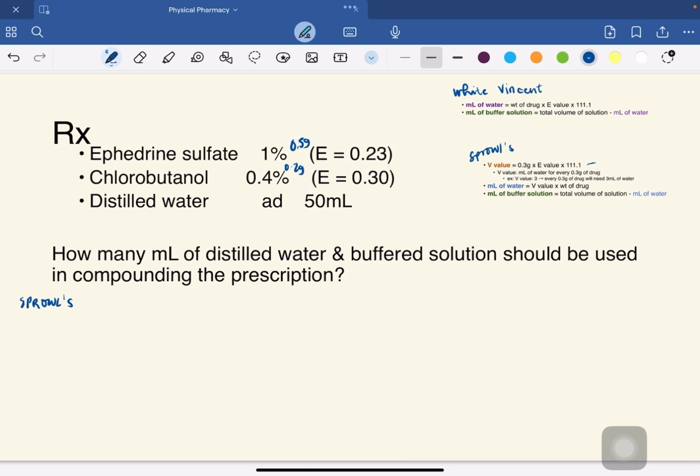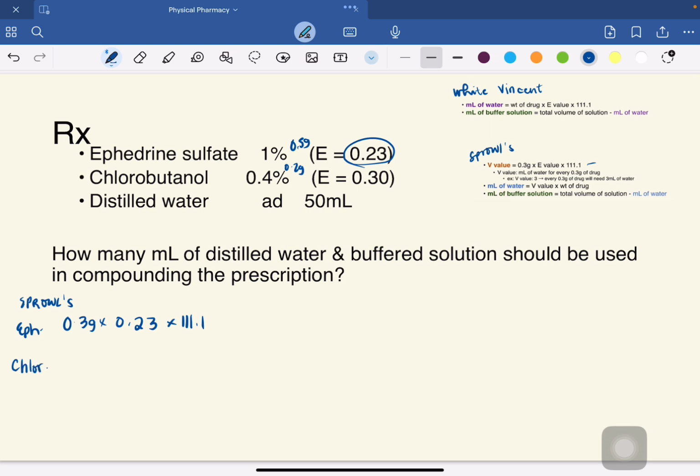So for the Sprouse's method, we're going to have to look for the V values first. So again, 0.3 grams times 0.23, kasi that's the E value of your ephedrine, times 111.1. So this is ephedrine, tapos chlor.